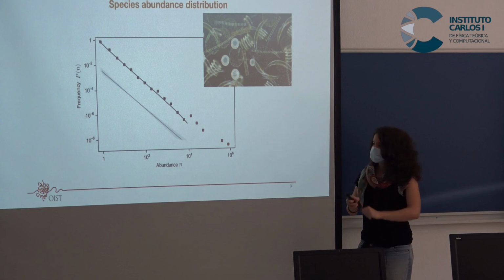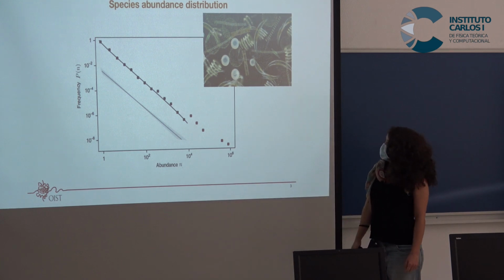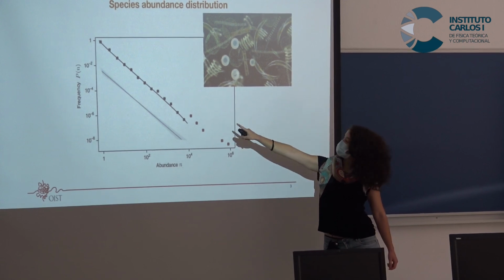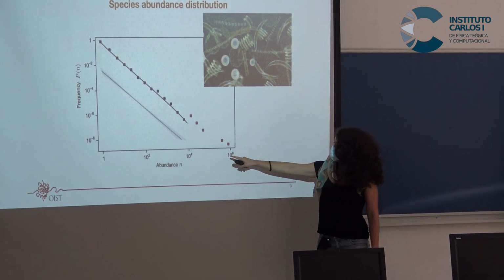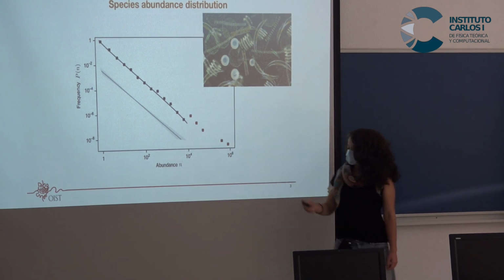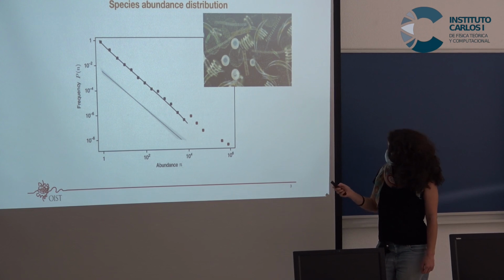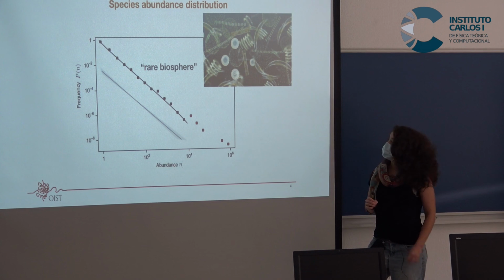They count this abundance and observe this pattern. They observe basically two regimes. One is these black dots, and another is these red dots for high abundance species.